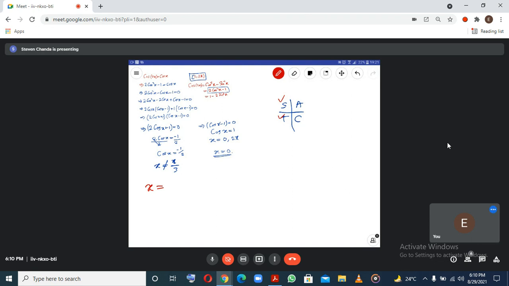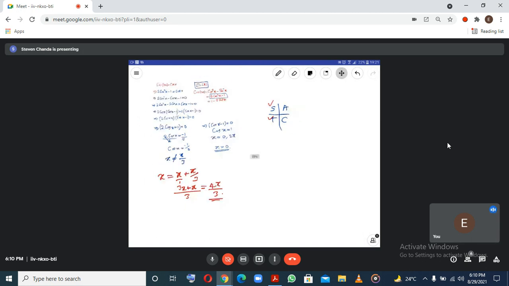We say it's pi plus the one that we found, so pi plus pi over 3, which is 4 pi over 3. So that's going to be your answer.